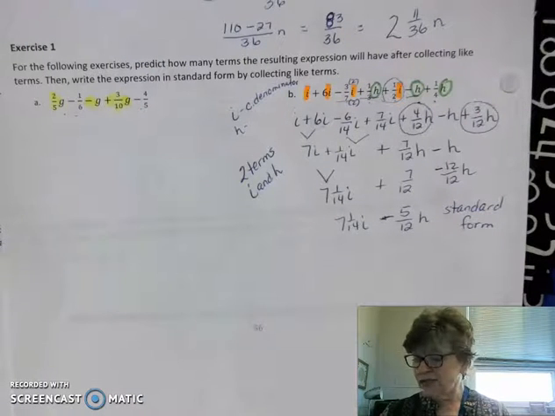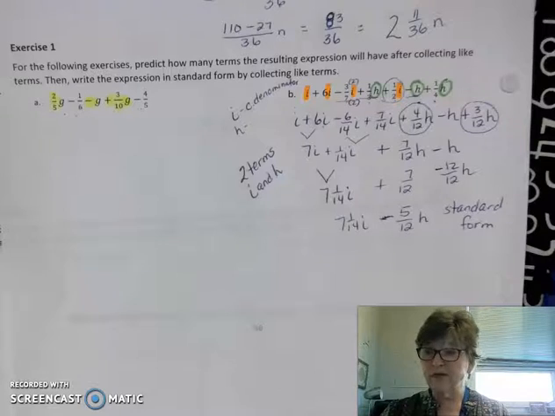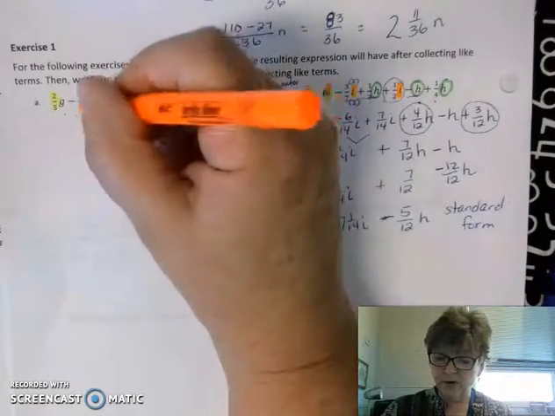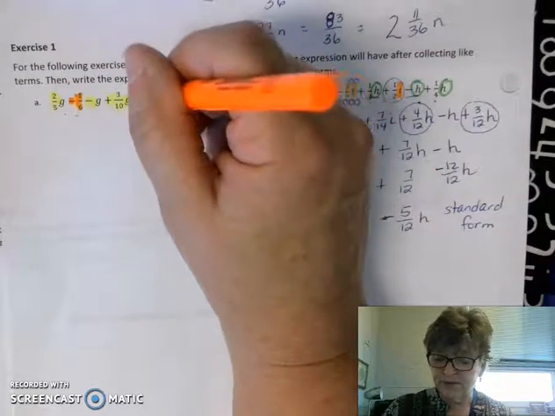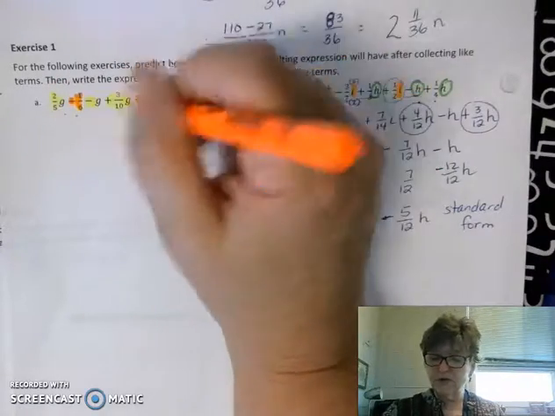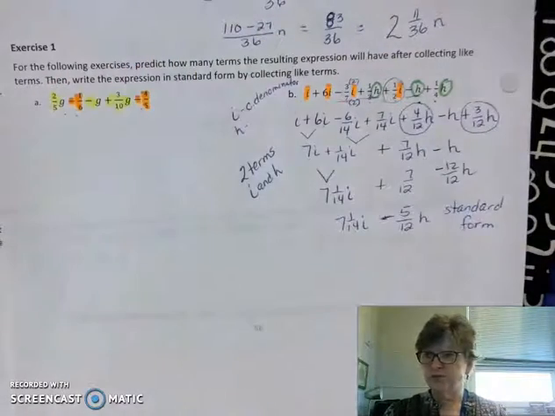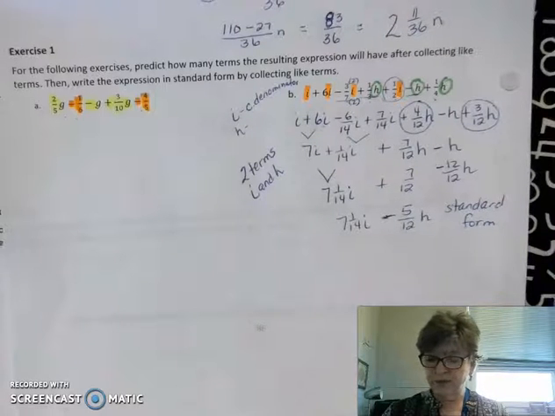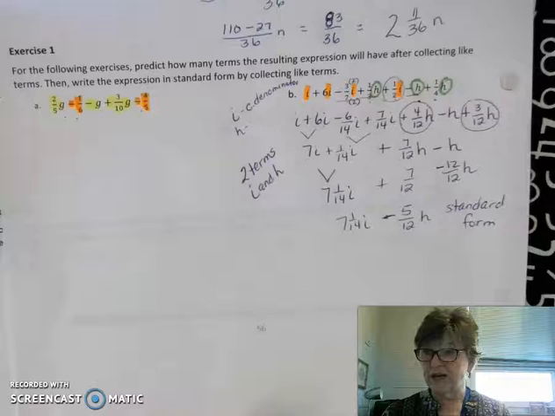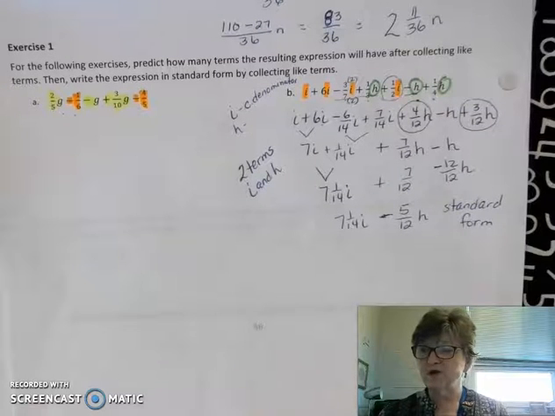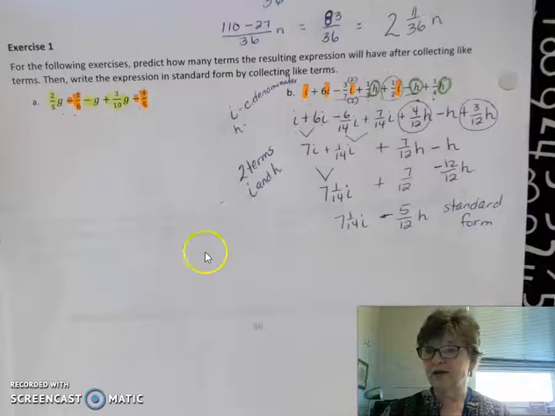And then your constants will need their own common denominator, because you will not be combining them because they're different types of terms. So if you notice here, there are two terms, yellow and orange, which means there's a very strong probability that you will have two terms, but not more than two, in your standard form. So at this time, pause your video and come back as soon as you are done.